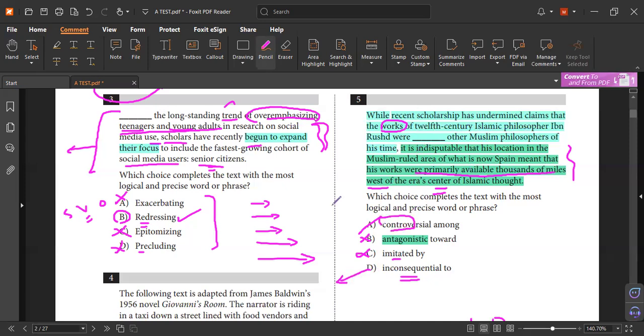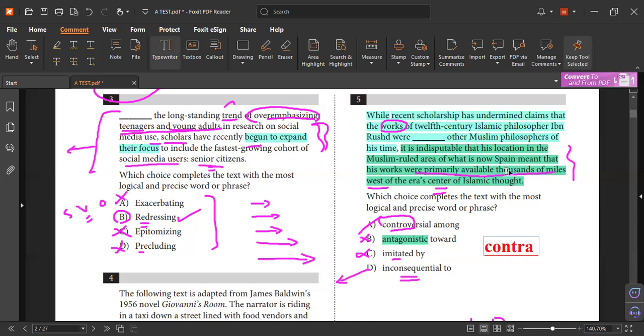Controversial comes from the Latin root. Do you remember the Latin root contra? Contra or counter means opposite, against. They didn't mention that his works were opposite to the works of other Muslim or Islamic philosophers.